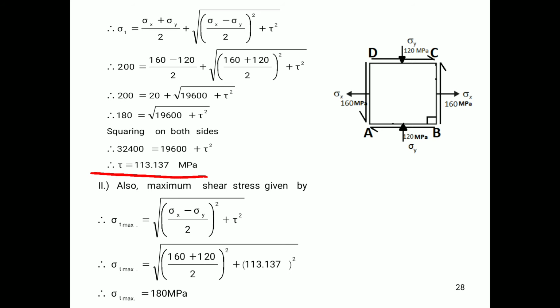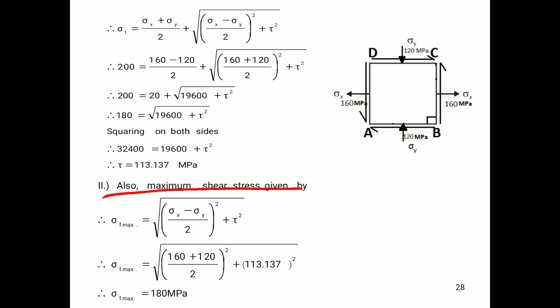Okay, so this is the value of tau when we have the value of maximum principal stress as 200. Once you know the value of tau, you have to find out the value of maximum shear stress. All of you know that it can be given by tau maximum is equal to under root of ((sigma x minus sigma y) by 2) whole square plus tau square.